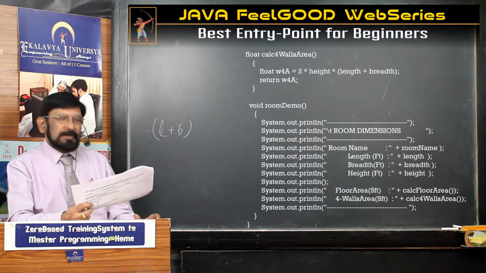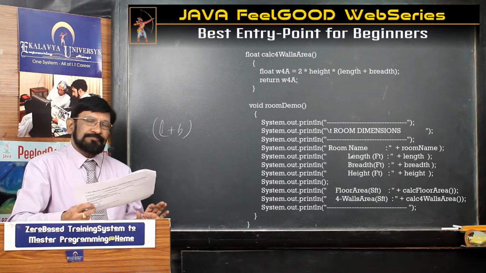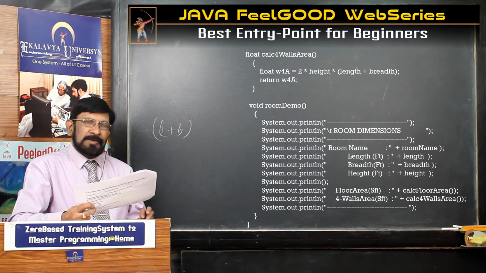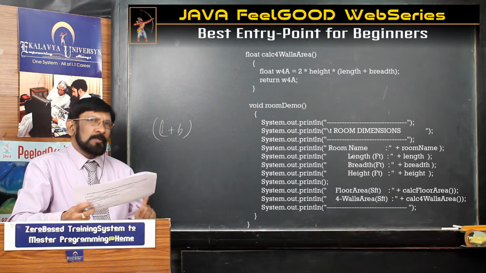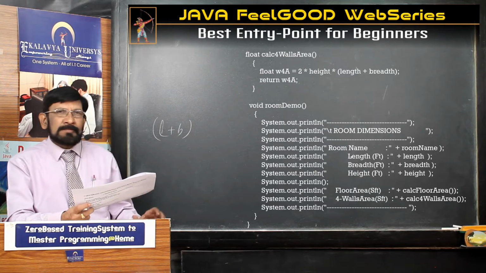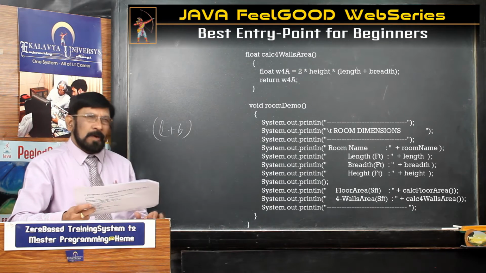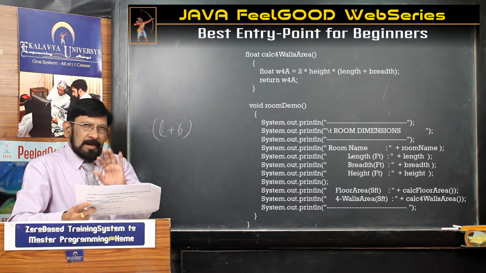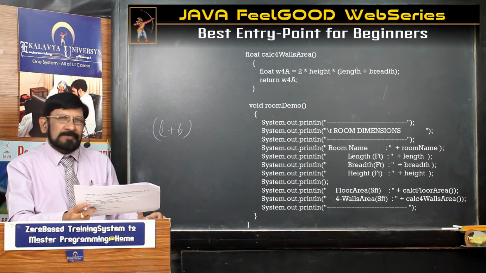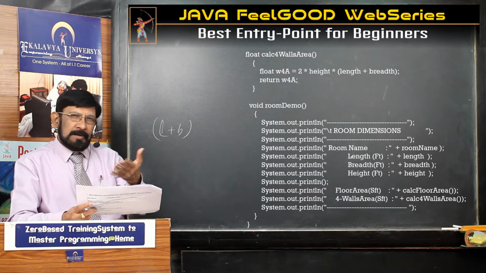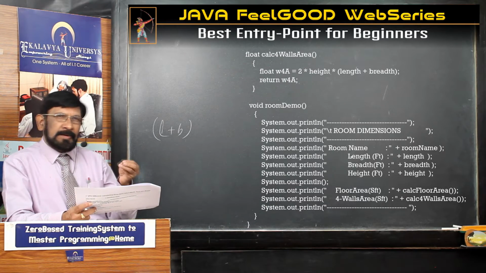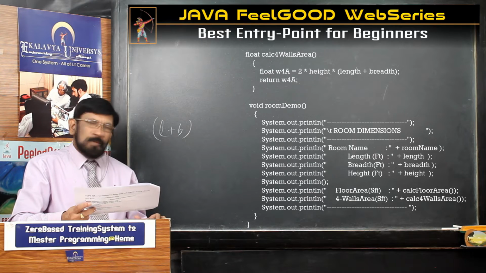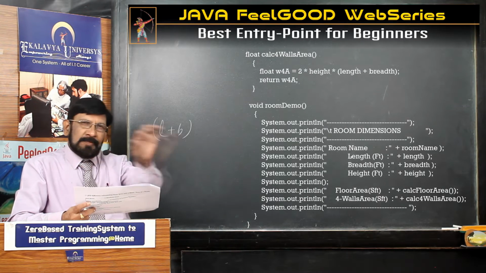Now, the third instance method, roomDemo. Room demo, actually, I already showed you the output. But in my programs, I am showing you. If you do other programs, they simply give you a task like calculating and printing room areas, only abstractly, one line of statement.